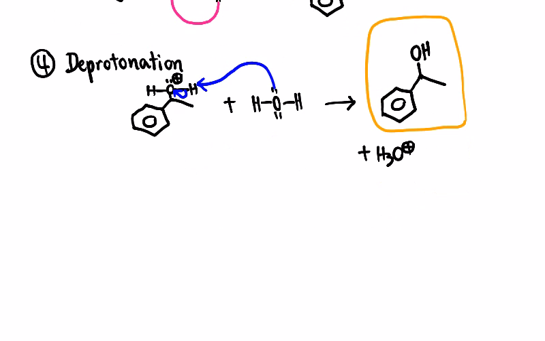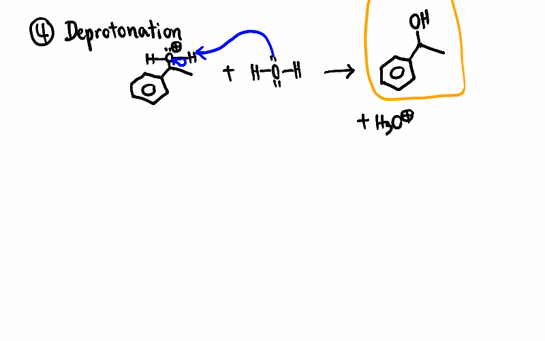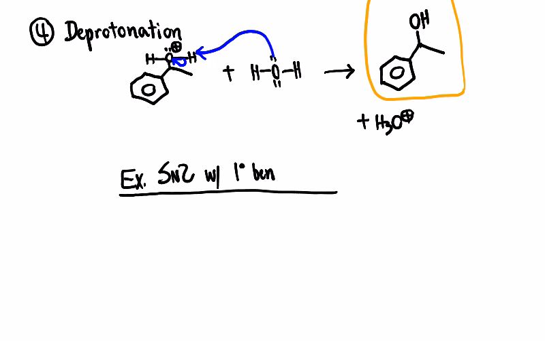So for example, if we're talking about SN2 reactions, it's typically going to involve a primary benzylic carbon, specifically one with a leaving group, so C-X, our halogen.